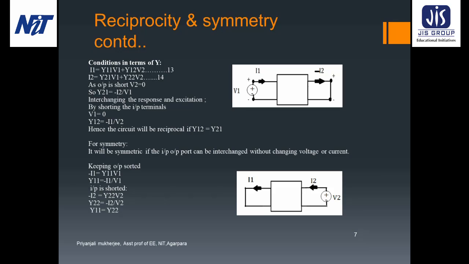So we can write Y11 as the ratio of minus of I1 and V1. Whereas when the input is short circuited, we can find out that Y22 is equal to minus I2 by V2. And for symmetry, Y11 must be equal to Y22. So here also the condition for symmetry is Y11 equal to Y22, and for reciprocity, Y12 is equal to Y21.